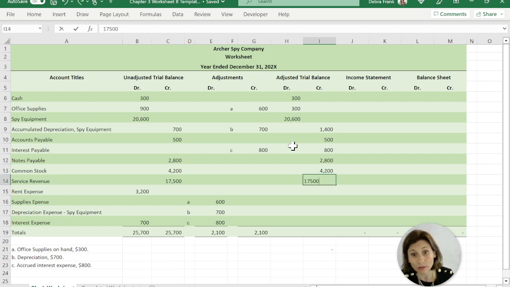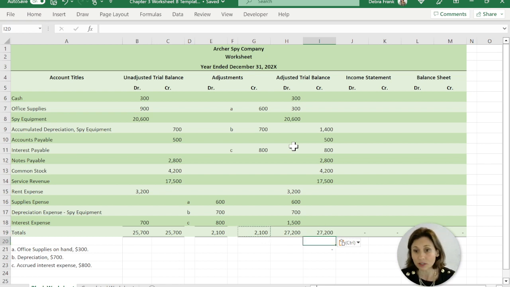Revenue, normal balance credit, yep. And now we've got our debits that we need to record. 3200, 600, 700, 800. Oh, I messed up there. 700 plus 800, 1500. There you go. You can copy over your sum formula from the previous one because I took all the boxes, and we tie. Yay, happy. Very good.